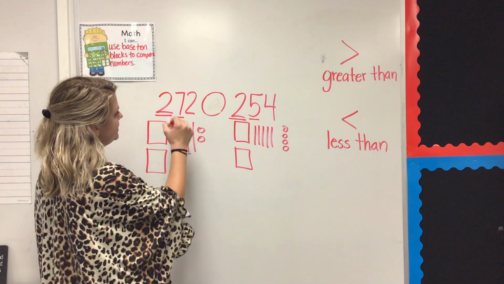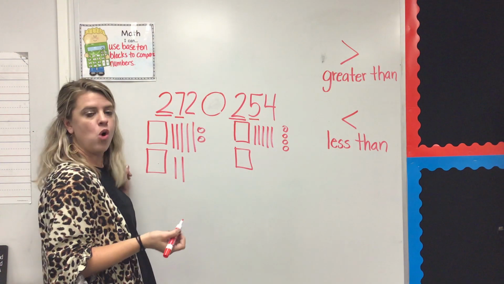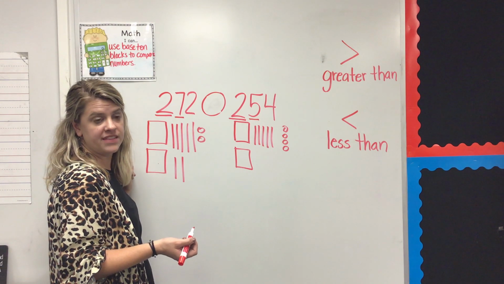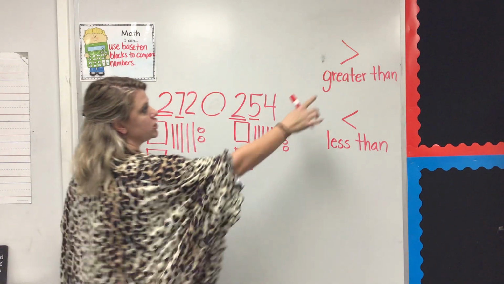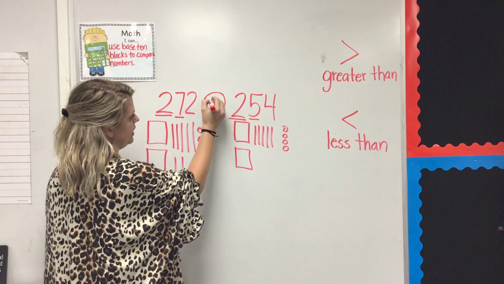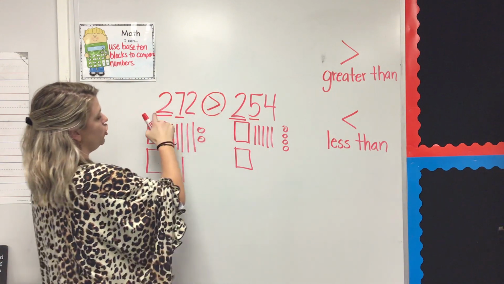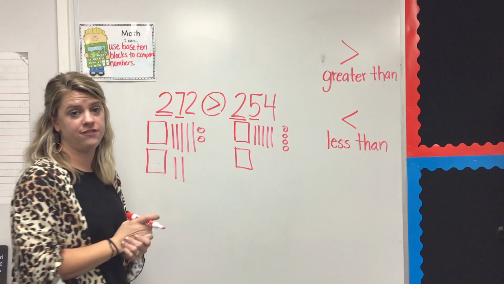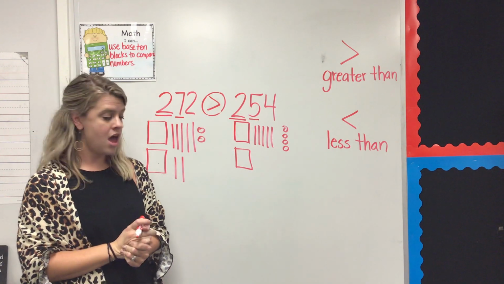Okay, what can we say about 7 and 5? Which one is greater? 7 is greater, that's right. So we're going to open our mouth to the bigger number. 272 is greater than 254. Okay?